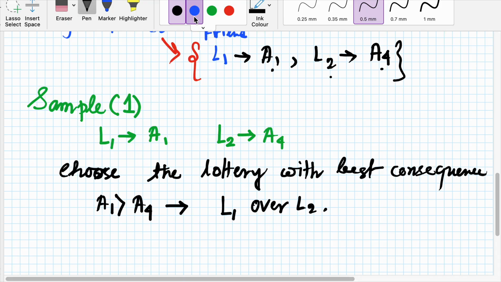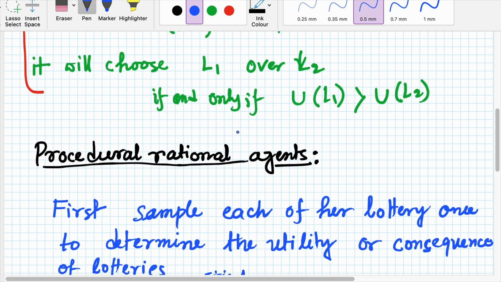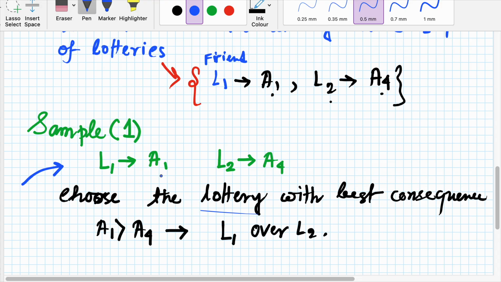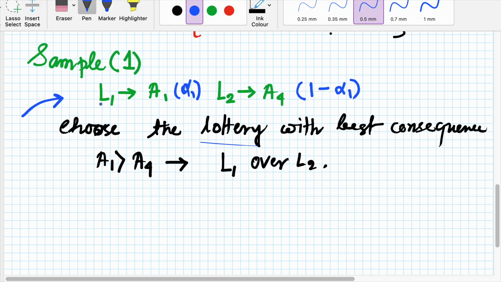Now as you can see in this sample, she realized A1 and A4, and it is with some probability. So what will be the probability that she realized A1 corresponding to L1 and A4 corresponding to L2? It will be with probability alpha 1, and probability 1 minus alpha 1 and alpha 2. So what will be the probability that she gets the outcome A1 with lottery L1 and A4 with lottery L2?